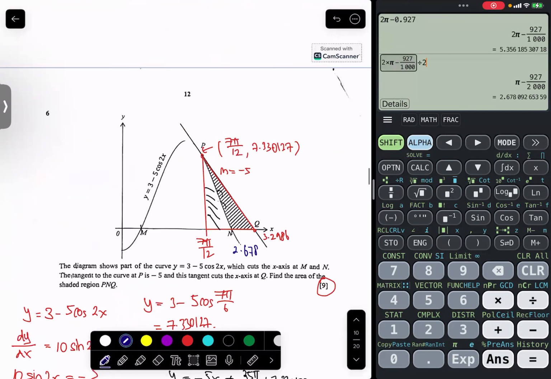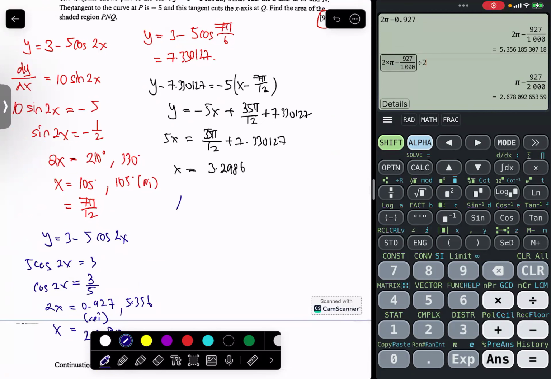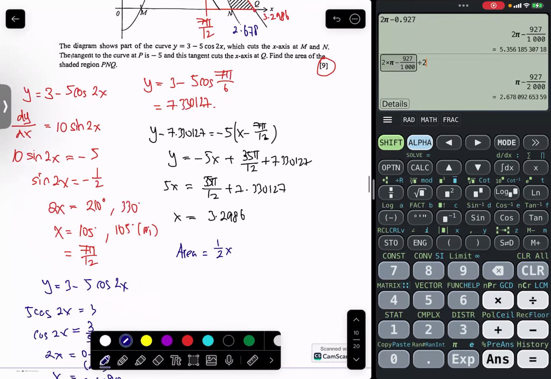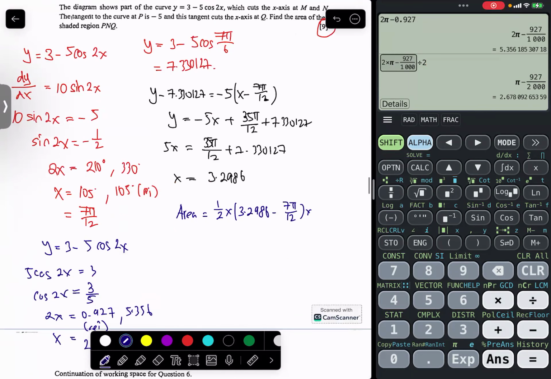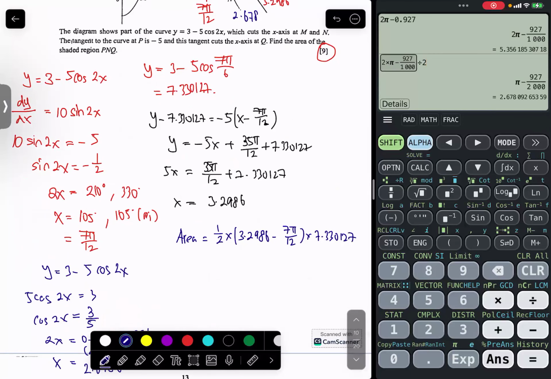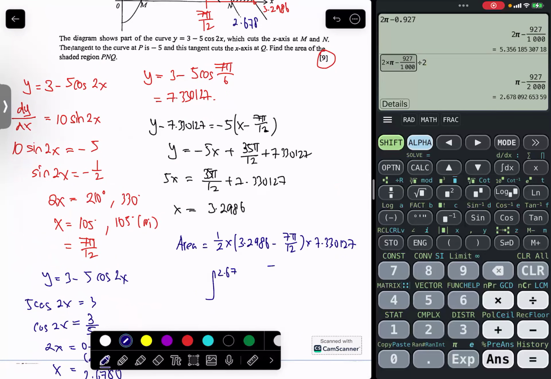Okay, so now to find the area under graph, the area would be half times 3.2986 minus 7 pi over 12 times 7.330127 minus the integral from 2.678 to 7 pi over 12 of 3 minus 5 cos 2x dx.